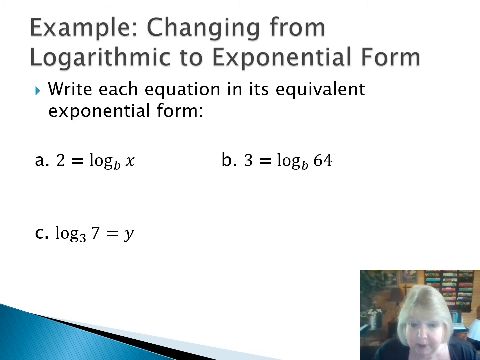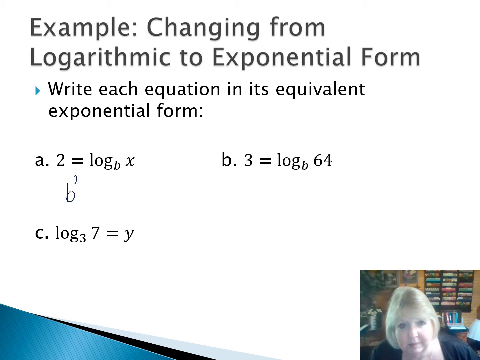A good deal of practice here will go a long way, so let's do a few of them. First, rewrite it in exponential form. So 2 equals log base b of x. I'm going to change that into b to the second power equals x. On part B, my base to the third power equals 64.